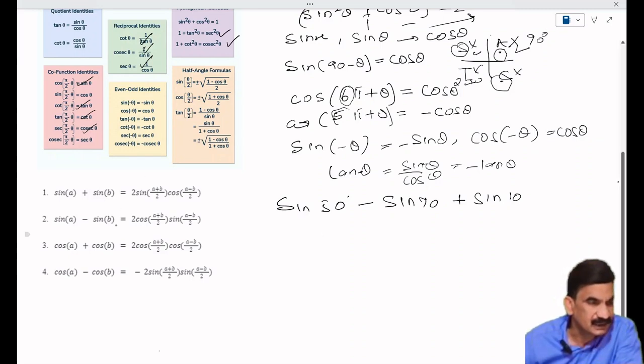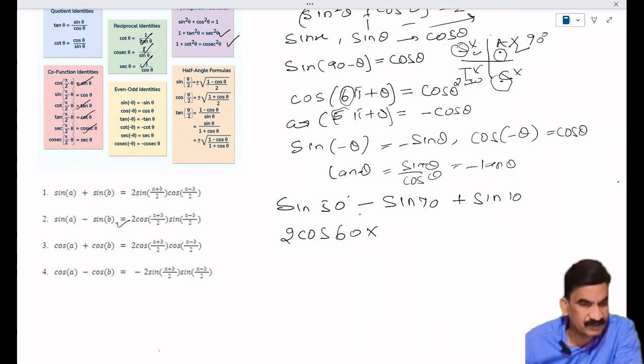Just see this thing, sine A minus sine B. It says sine A minus sine B is equal to 2 cos of (A plus B) by 2 and sine of (A minus B) by 2. So I can easily write it as 2 cos of 50 plus 70, which is 120, divided by 2 is 60, into sine of (A minus B), 50 minus 70 is minus 20, by 2 is minus 10.